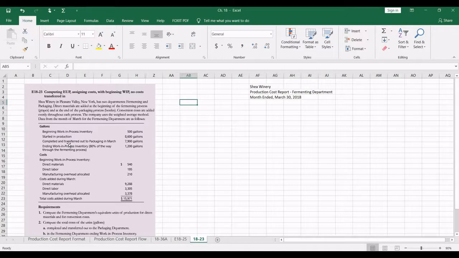I don't imagine that will be the case on the test, but if it is, then we got lucky. So we know this is going to be a 20-line report, so let's go ahead and put units. Skip down about halfway. That was on line 7, so we'll go down to 17 and put costs.